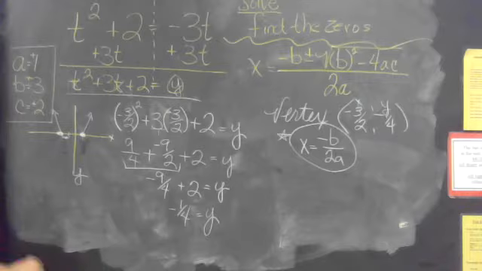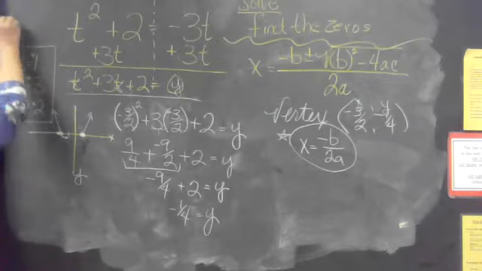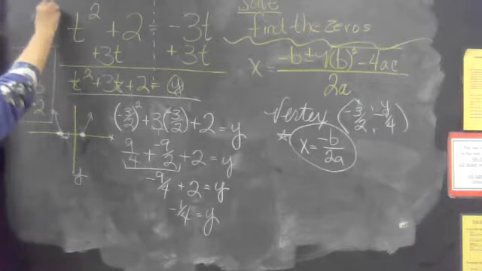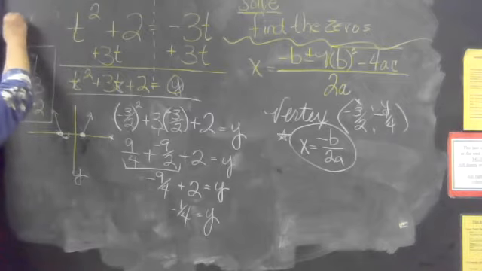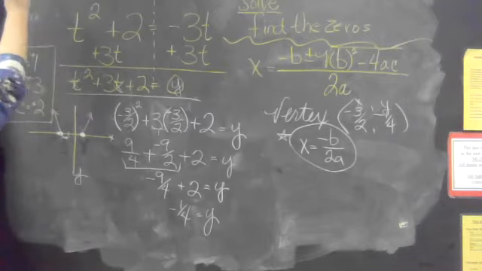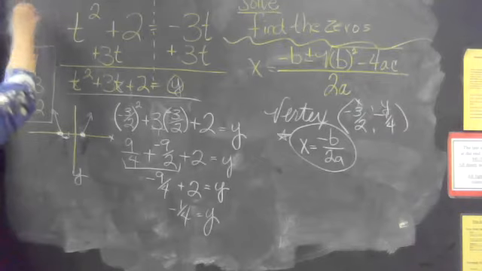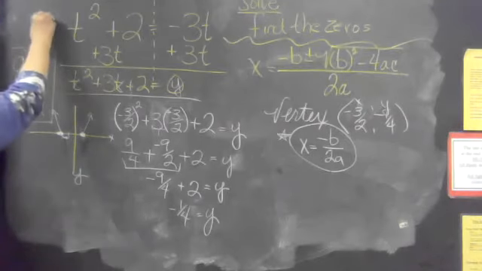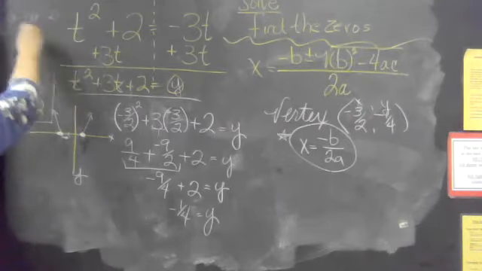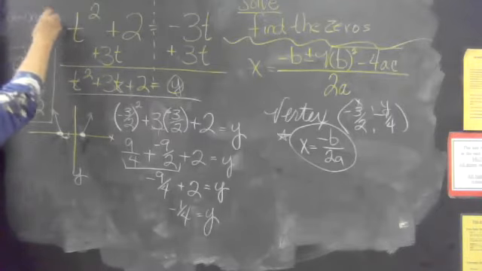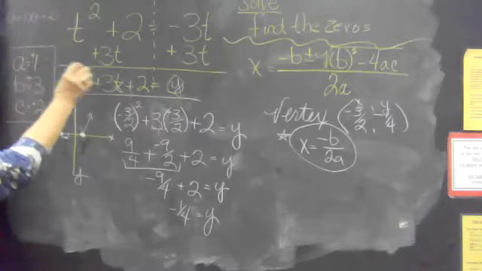Let's look here. I'll do the factoring real quick because I can tell it quicker this way. Yeah, somewhere I missed a negative.